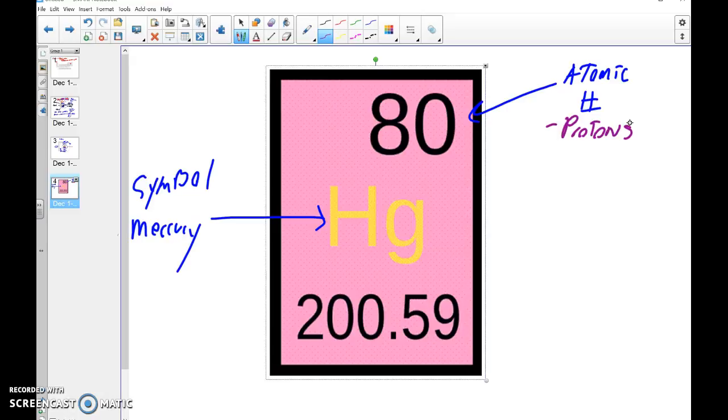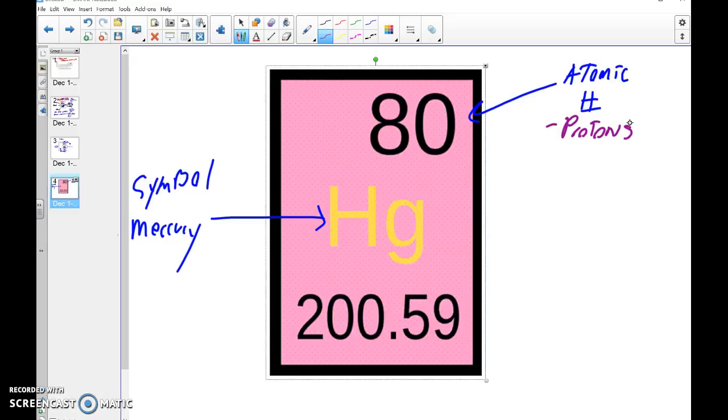Mercury is the only thing with an atomic number of 80. Hydrogen is the only thing with an atomic number of 1. Oxygen is the only thing with an atomic number of 8. Carbon is the only thing with the atomic number of 6. The atomic number is what differentiates one element from the other.